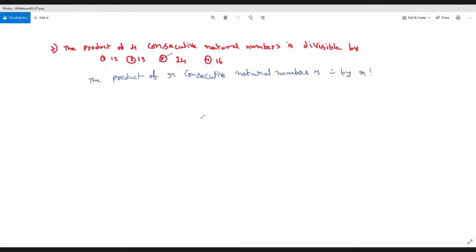It is general statement where r value 4. Therefore, here clearly it is 4 factorial. 4 factorial means 1, 2, 3, 4. So it is divisible by 24.